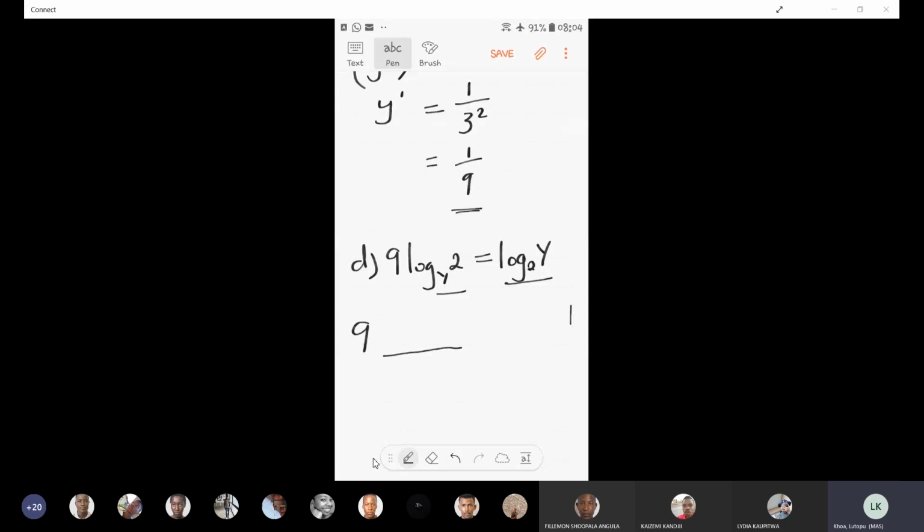So this becomes log base 2. Then I put log base 2. So this is a technique. It's what you have to do. Then the argument goes to the numerator, and then the base goes to the denominator, and this is just equal to log base 2 of y.